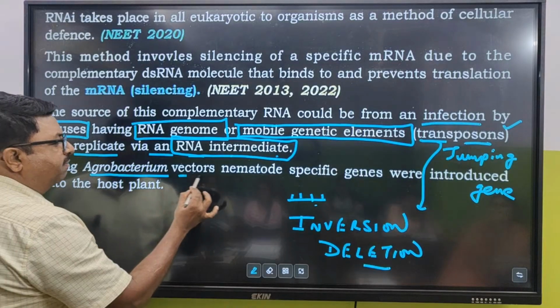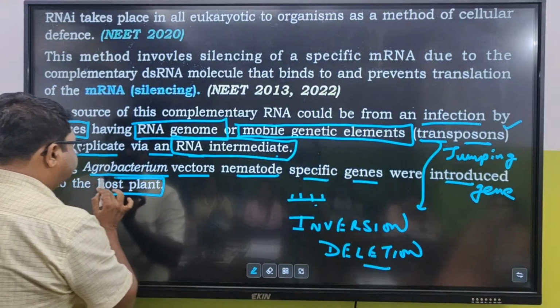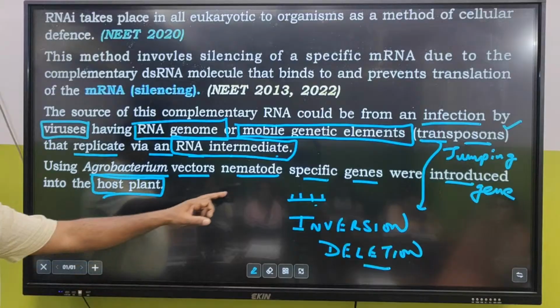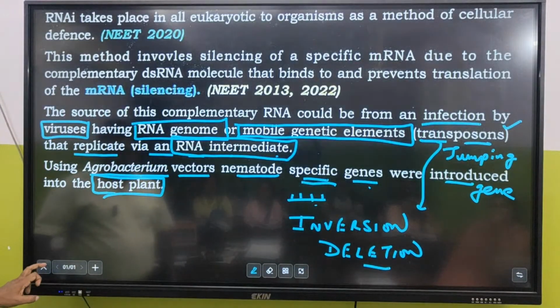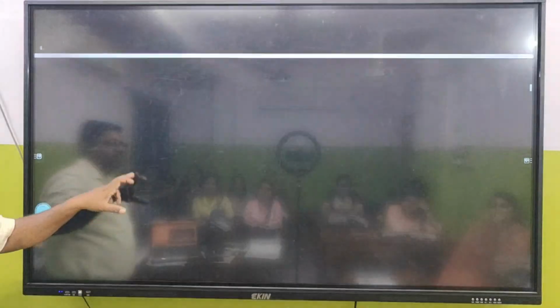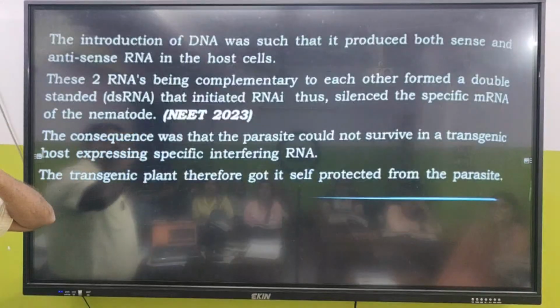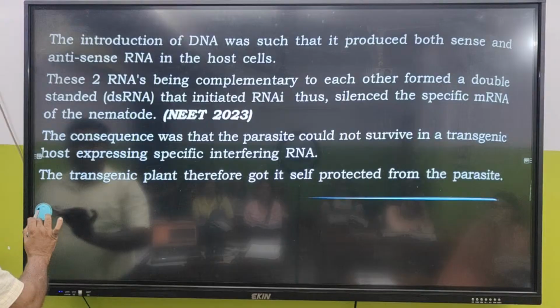Using Agrobacterium vector, nematode-specific genes were introduced into the host plant. What is a host plant? The tobacco plant is the host plant over here. The introduction of DNA was such that it produced both sense and antisense RNA in the host cell.